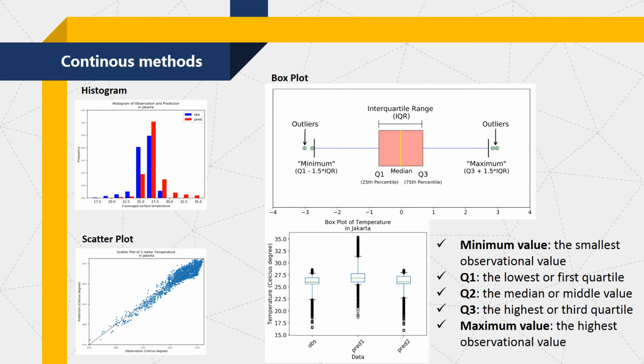We must remember that the minimum and maximum values are actually not the real minimum and maximum values, because in some data there is imbalanced distribution. The real minimum and maximum values become outlier data. So we must remember this part.